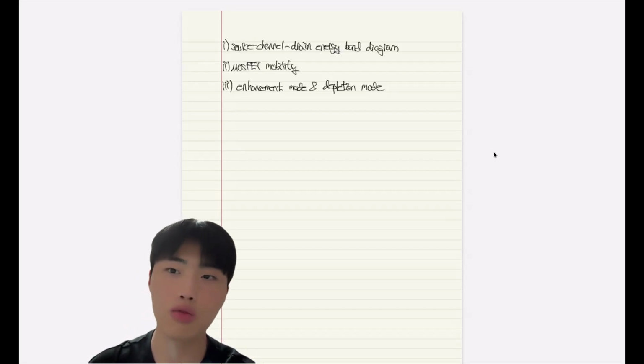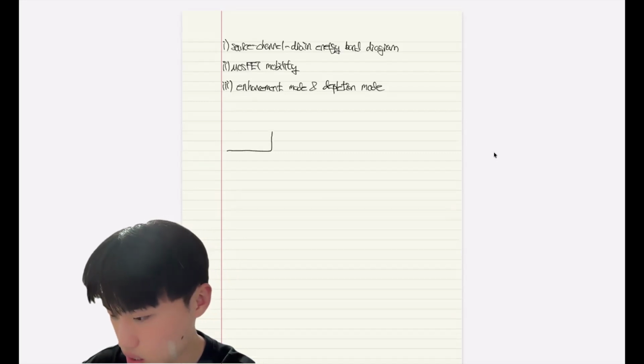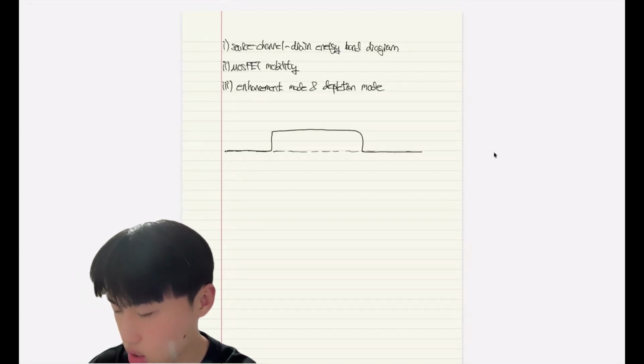For example, we will use the P substrate and the NMOS. So the energy band diagram will be like this, and this part will be the Fermi level.